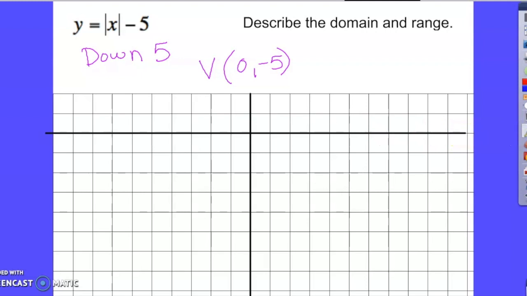So I'm going to start at 0, negative 5. And again, the number in front of our absolute value bracket is a 1. So since our slope is 1 from our point, our vertex, we're going to go up 1, right 1. We draw on that dashed line if you choose to, and then we're going to reflect it on the other side.